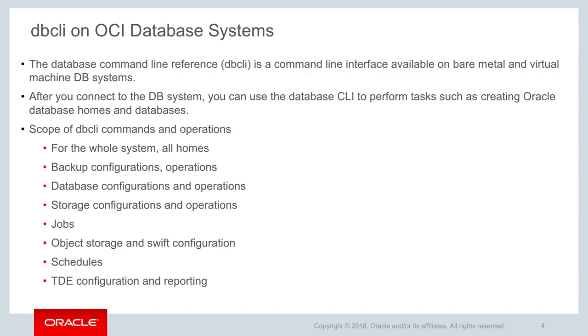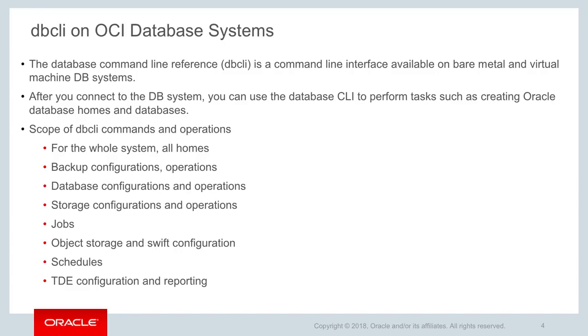The database command line interface, also known as DBCLI, is a command line interface available on bare metal and virtual machine DB systems. So what this allows you to do is you can connect to the database server using SSH and then use the command line interface to perform tasks such as creating database homes and databases.